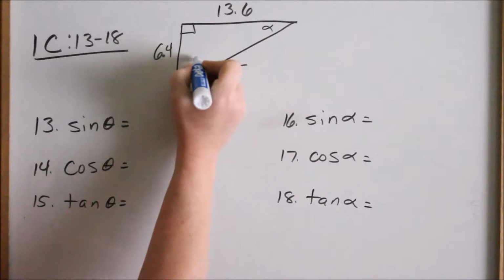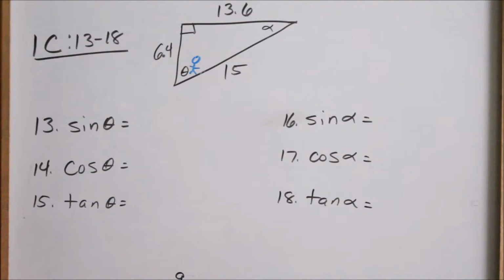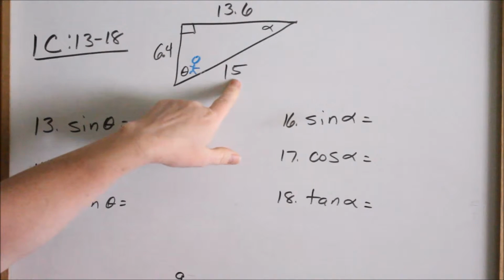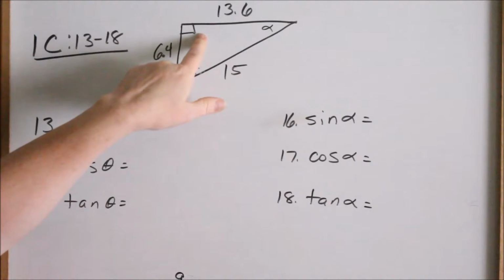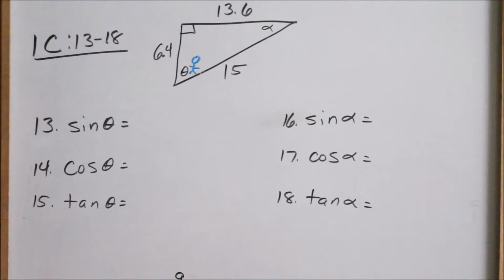It's like you have a little man standing here at theta, because the opposite and adjacent sides are always relative to where you're standing. The hypotenuse will always be across from the 90-degree angle. Always, always. So the hypotenuse never changes. This is the hypotenuse. Your opposite side and your adjacent side will always be relative to where you're standing.